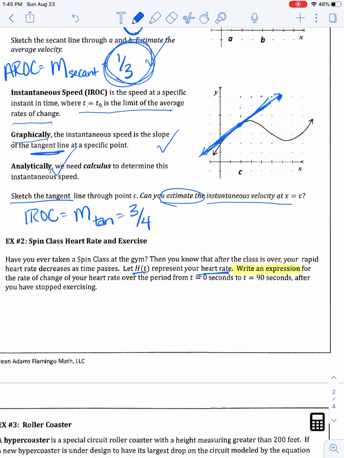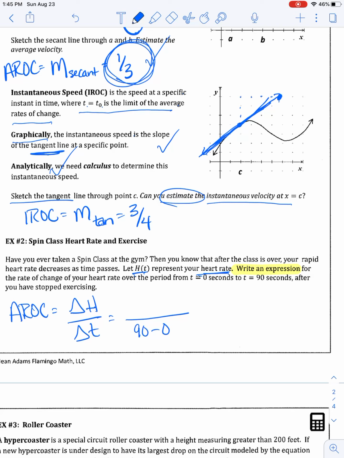You don't have enough information to find the average rate of change of your heart rate for the first 90 seconds after you exercise. So, what we are trying to find is the average rate of change. So it's going to be the change in your heart rate over the change of time. Well, the change of time is easy, and I'm going to do 90 minus 0 instead of 0 minus 90 just to stay positive. So 90 minus 0 is my time.